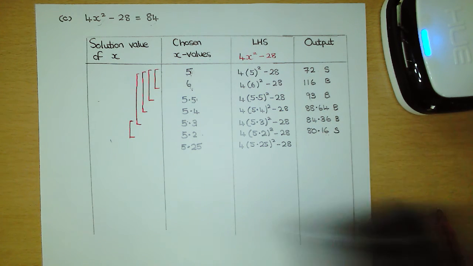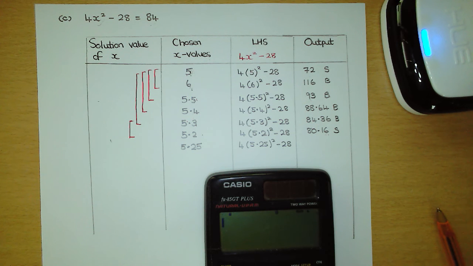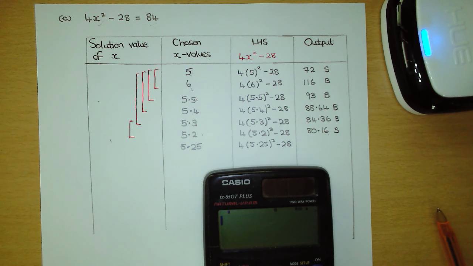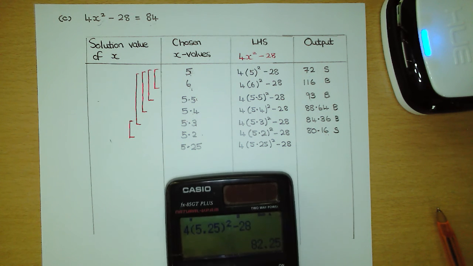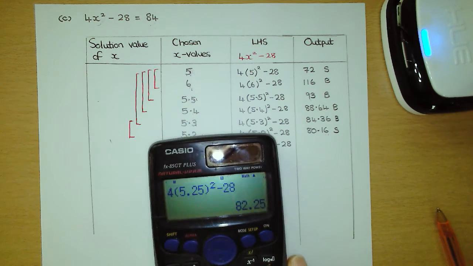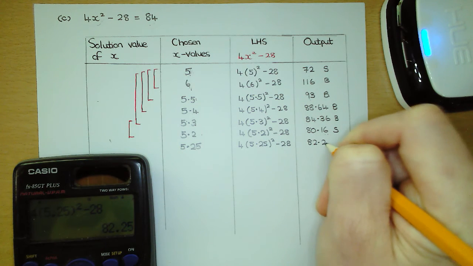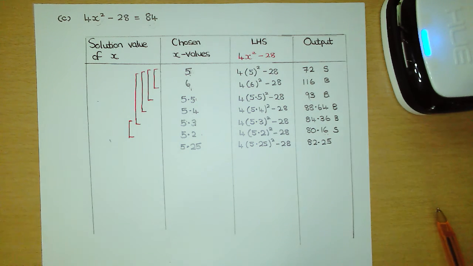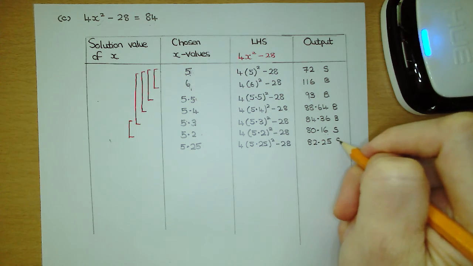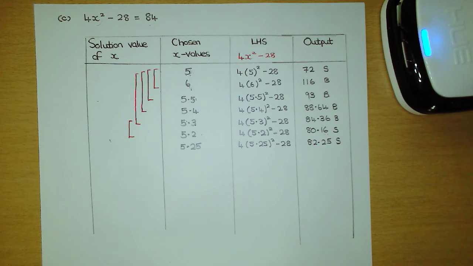Again, we go to our calculator, type it in carefully. And that's going to give us 82.25, which is smaller than the target number. So again, we recalculate the gap.